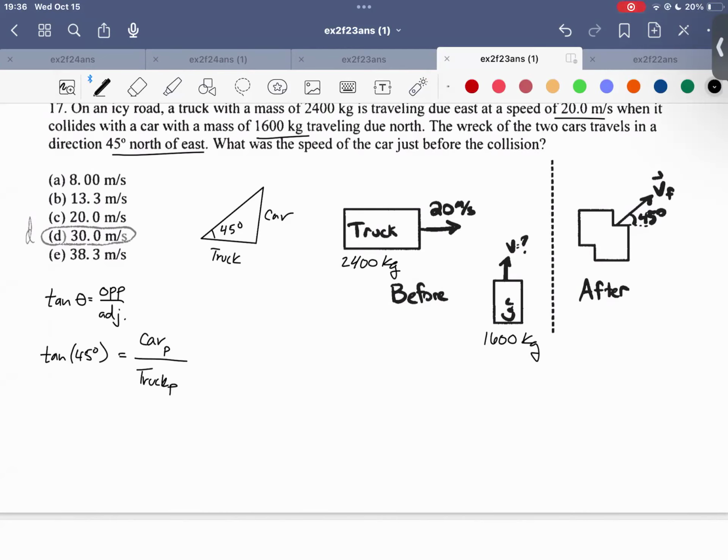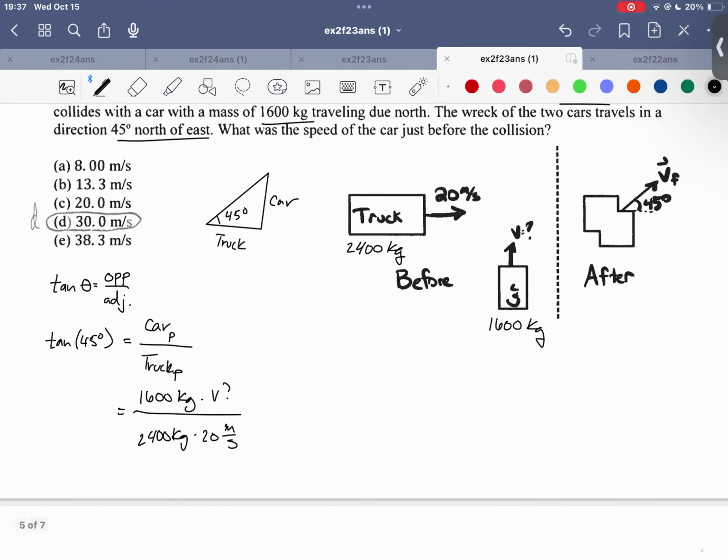Solving for this, we can say 1,600 kg times our unknown velocity over the truck, 2,400 kg times 20 meters per second. That should give us our answer, right?